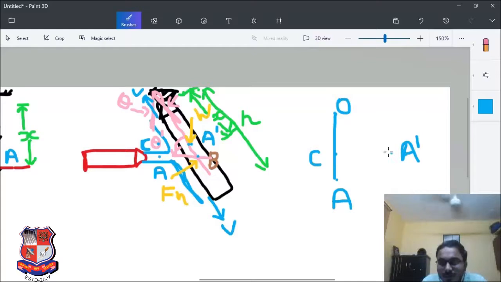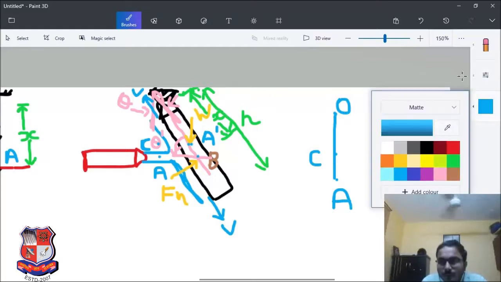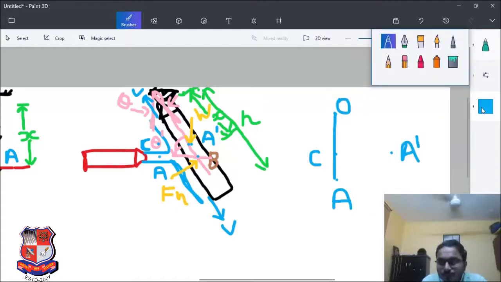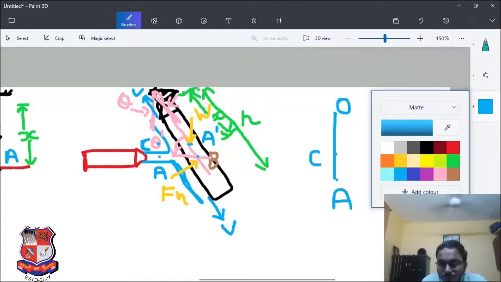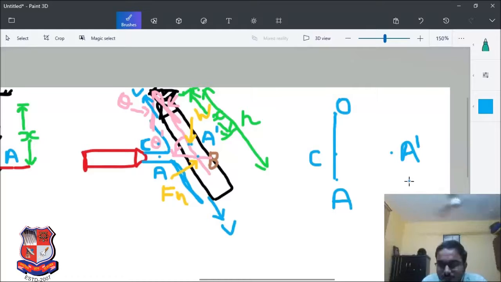This will not be on the same vertical line. B will be here. So now we can finish the triangle.